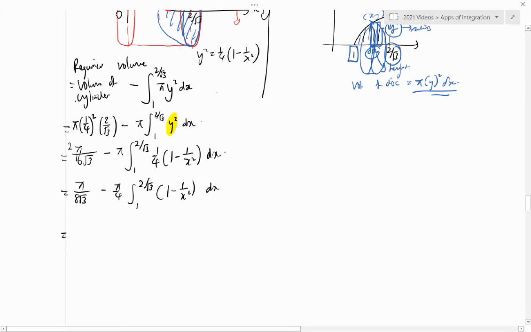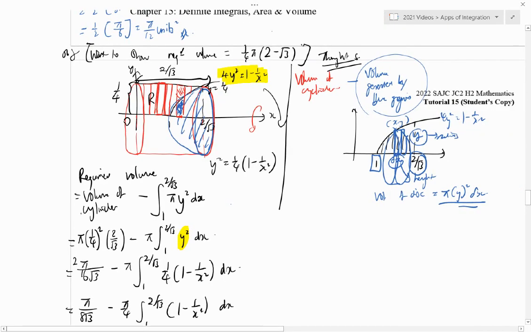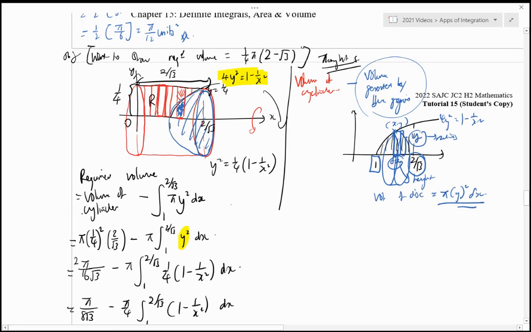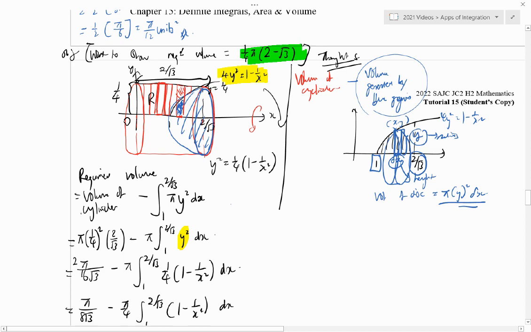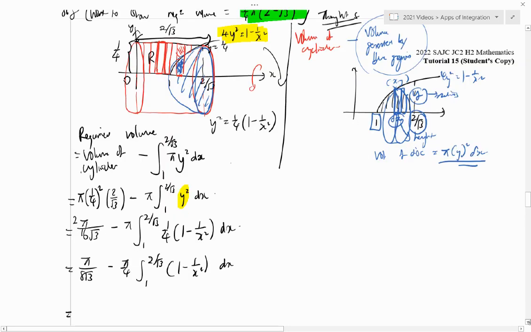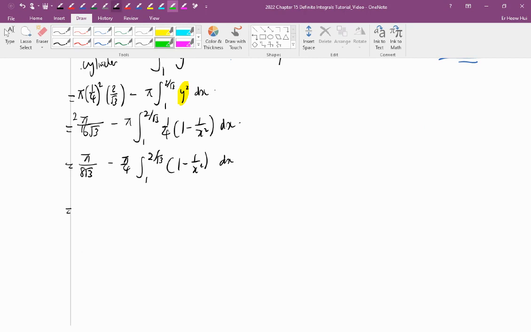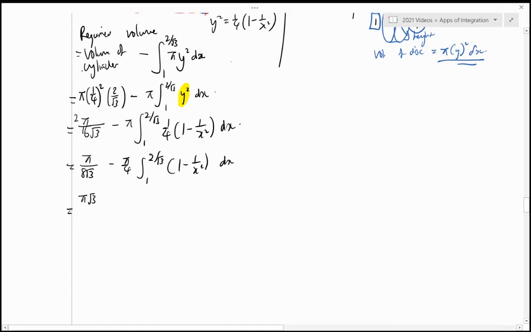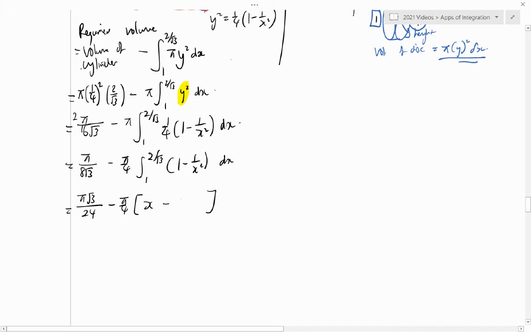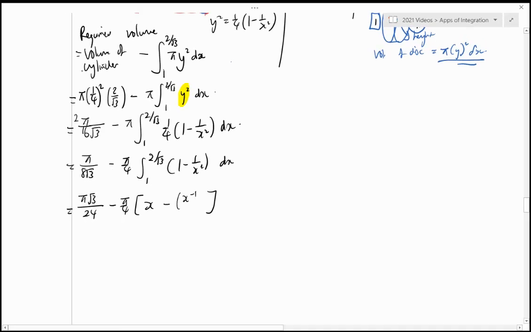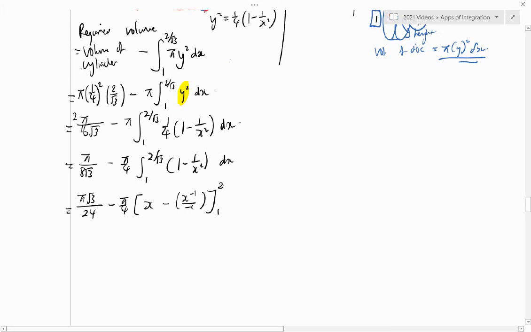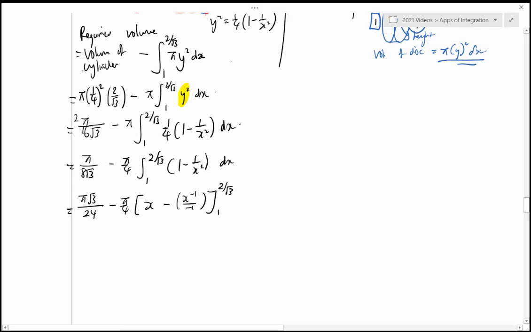Now remember the objective is to prove this particular expression. Notice that root 3 is in the numerator, not the denominator, meaning we will need to rationalize our surds. So let's begin. This is pi square root 3 over 24 minus pi by 4. So I can integrate this now. This is x minus x to the power negative 1 over negative 1 from 1 to 2 over square root 3. 1 over x squared is x to the power negative 2.